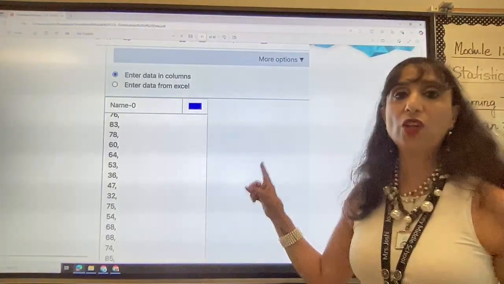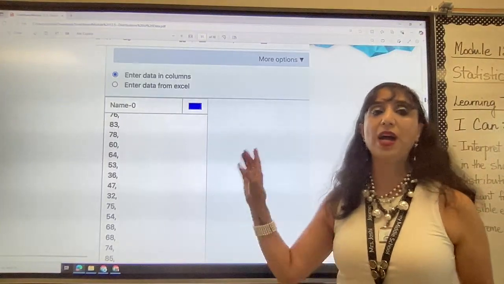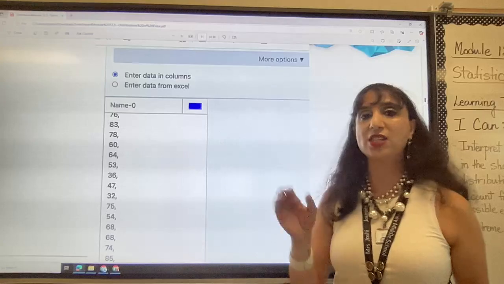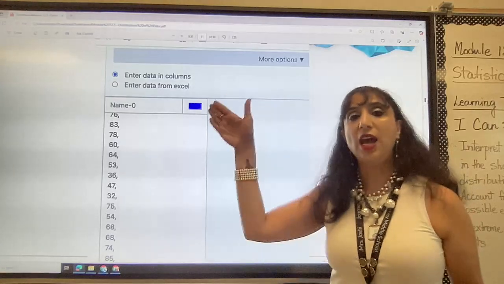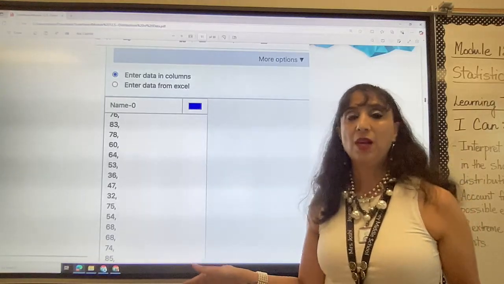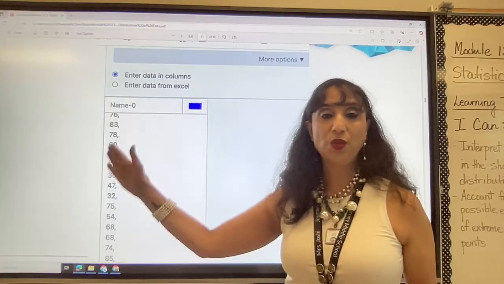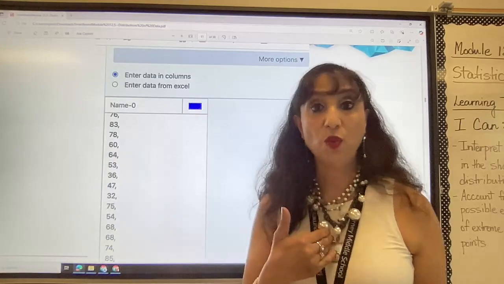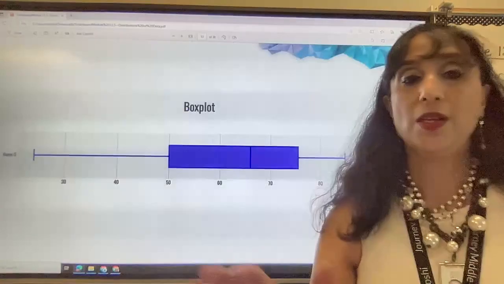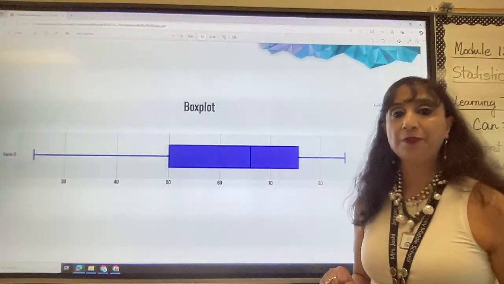As you can see, all those values that I just showed you, I put in here. You just keep hitting enter, enter, enter, and you put it in a column. You can enter the data from Excel also, but I chose to do it like this, and then let me show you what I got. So this is what it created for me.